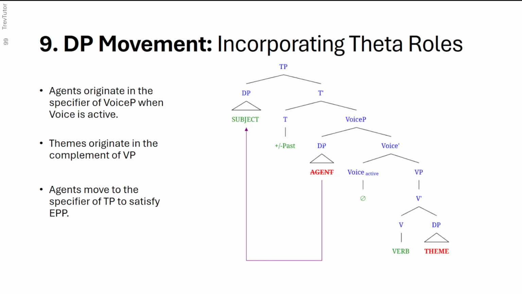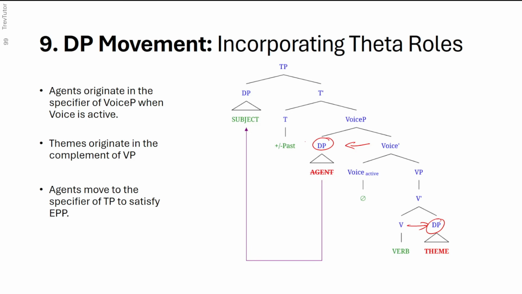So instead of T bar having the VP immediately after, we will always have a voice phrase that is active or passive. And that voice is going to select a verb phrase. Now, the theme is generated as the complement of the verb, but the agent is going to be the specifier of the voice phrase.